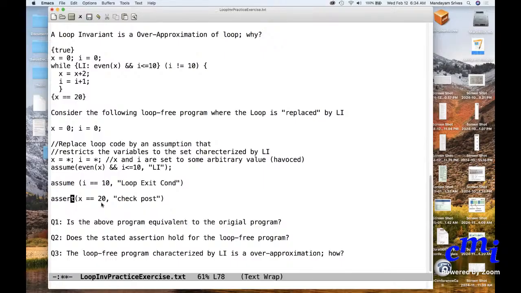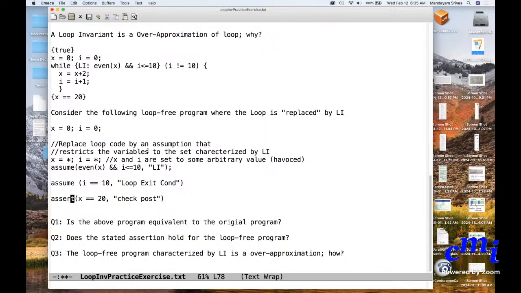That doesn't mean that your program violates the post condition. It could also mean that your loop invariant needs to be strengthened. So in that sense, you can always replace a loop with a valid loop invariant.